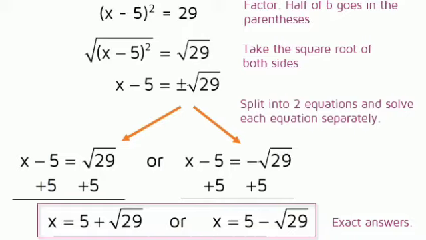Then you get x minus 5 equal to plus or minus root 29. Plus or minus gives two types of solutions. First one is x minus 5 equal to plus root 29. Second one is x minus 5 equal to minus root 29. Thus you get x equal to 5 plus root 29 or x equal to 5 minus root 29. So these are the two exact zeros or answers.